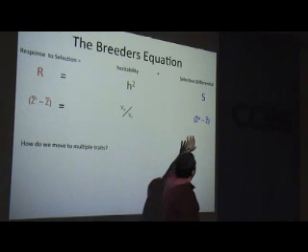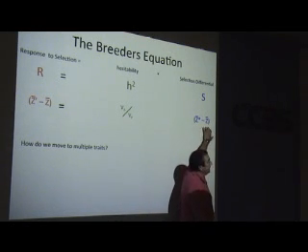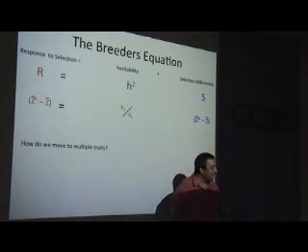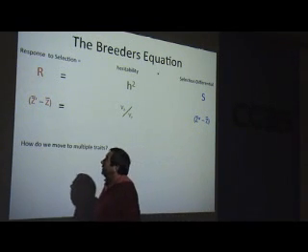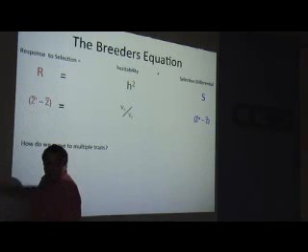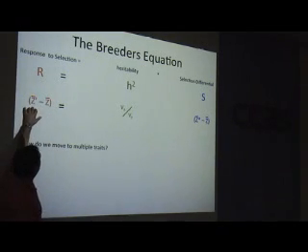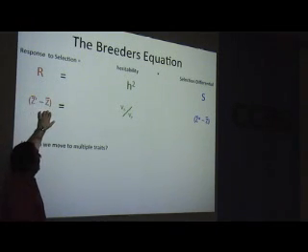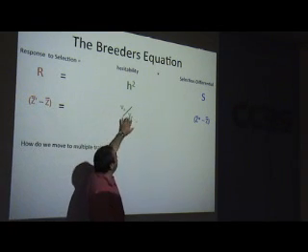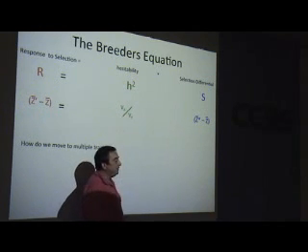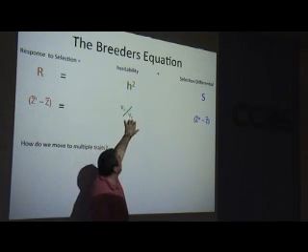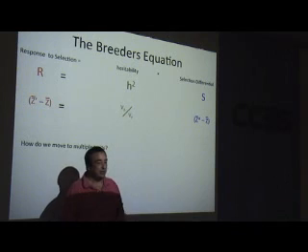So this is really the weighted sum, and that's the unweighted sum. And this is weighted by relative fitness. This is the difference between the mean of the offspring and the mean of the parental generation. And this is a ratio, a constant of proportionality, that converts additive genetic variance, change within generations, into change between generations.